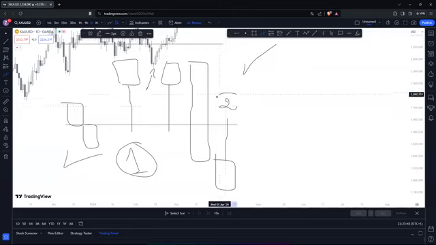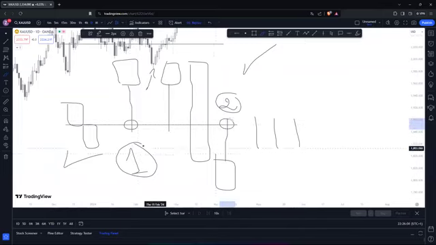So we're going to use it for the second time. Now it rejects, rejects, rejects. How many times did we reject and touch it? We touched it 1, 2, 3, 4, 5, 6, 7 times. We used it twice only, because the level here was unfresh, unfresh, unfresh.